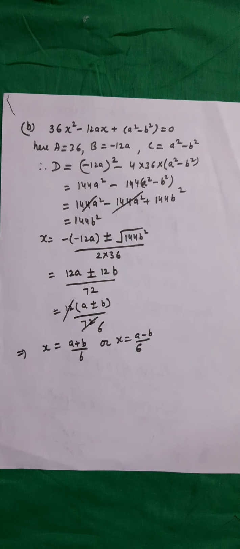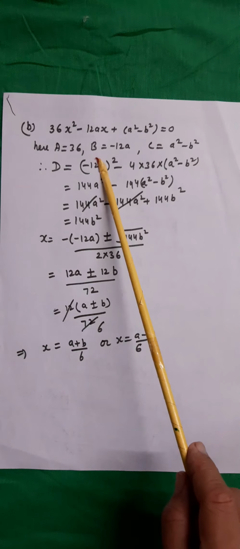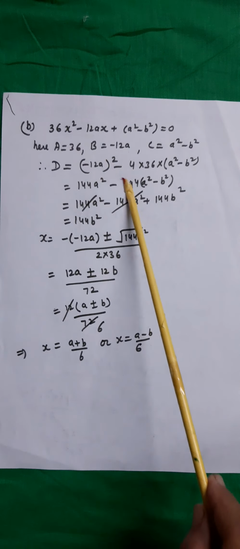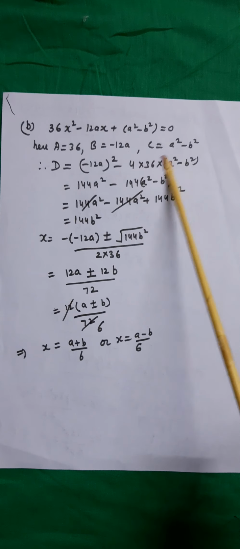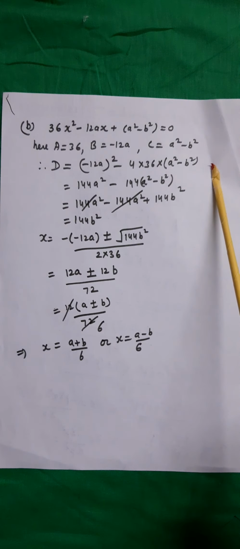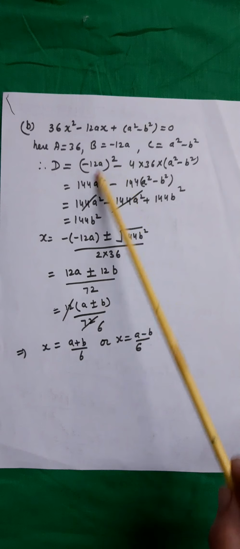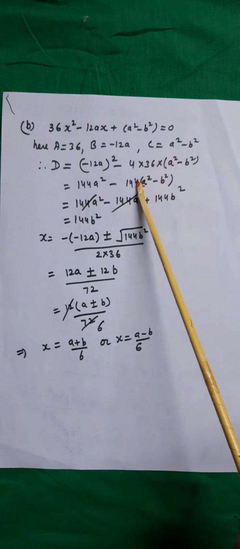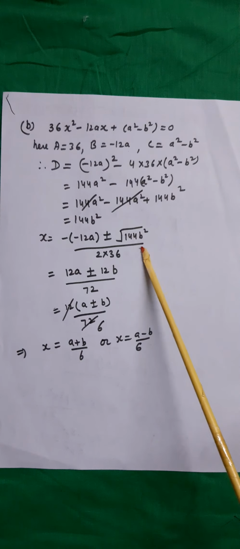Therefore, D will be equal to b² − 4ac. So (−12a)² − 4 × 36 × (a² − b²). This is equal to 144a² − 144(a² − b²).